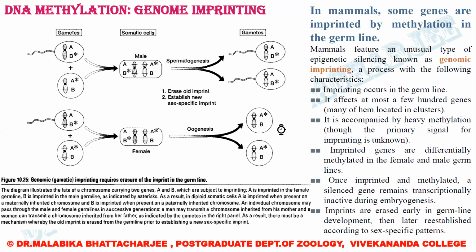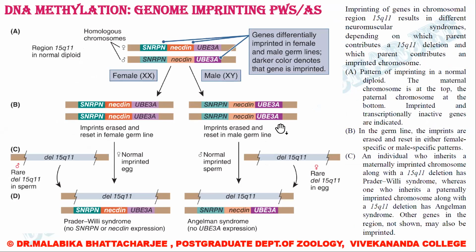Now let's look into the disease and the genetic mechanism that happens for the disease. What I was talking about, the Prader-Willi and the Angelman syndrome. So let's concentrate on these three genes: SNRPN, NECDIN, UBE3A.